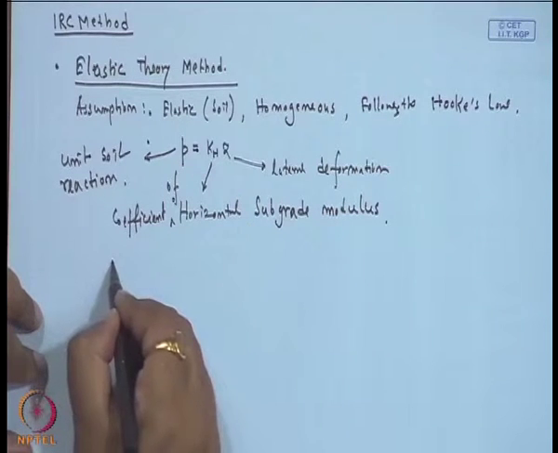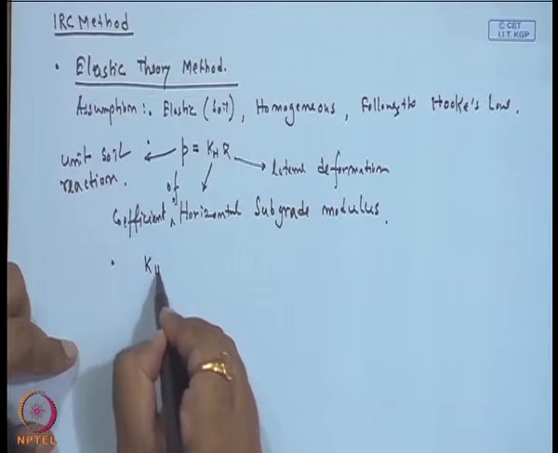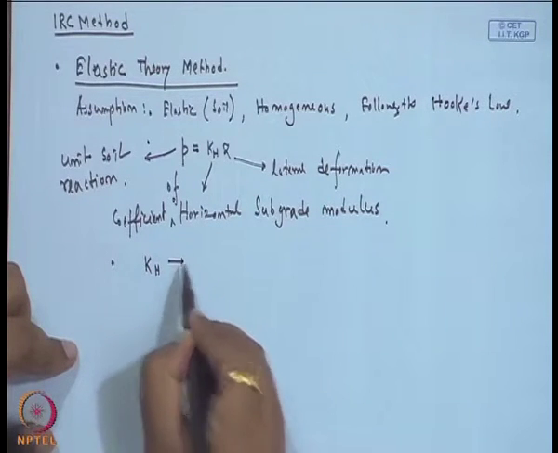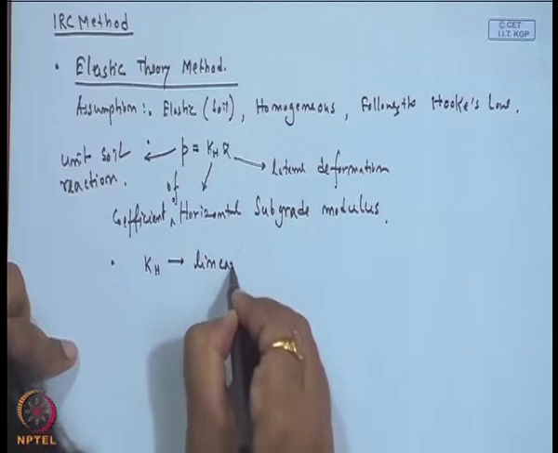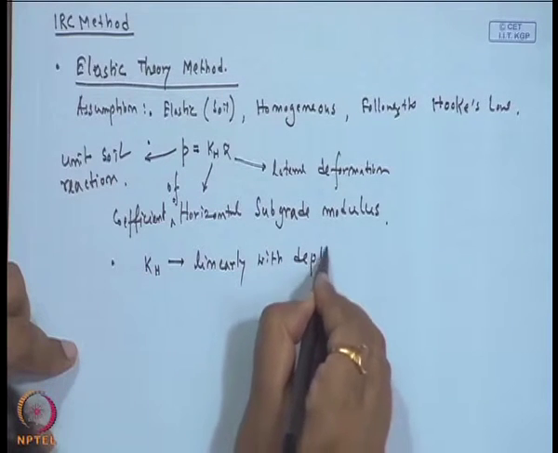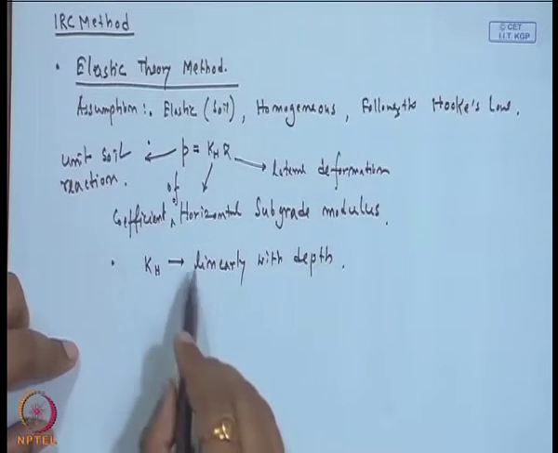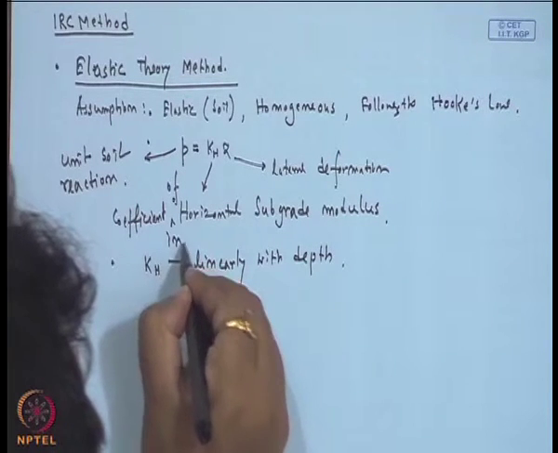The third assumption is that K_H varies linearly with depth. That means the K_H value increases linearly with depth.